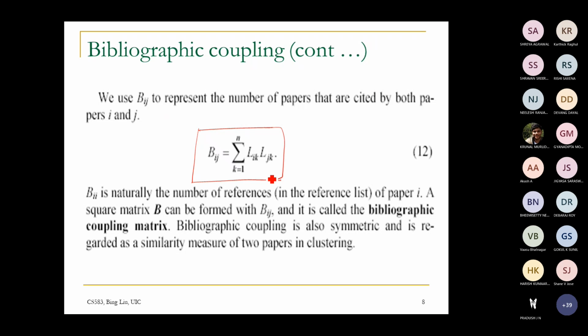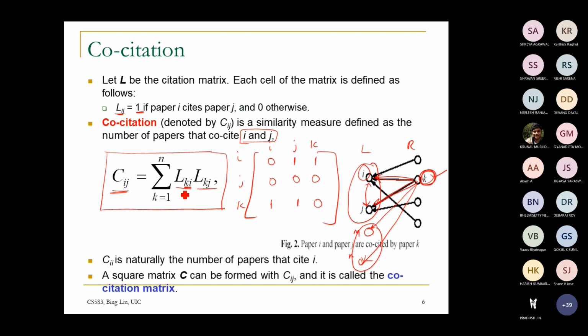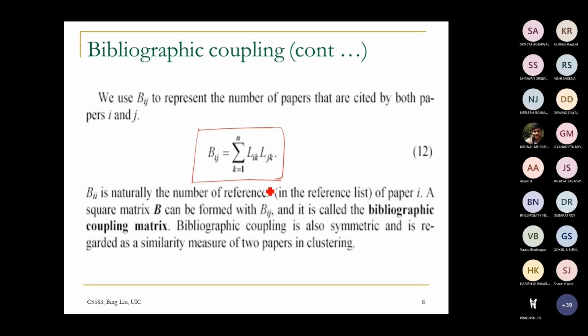But in co-citation, the formula was LKI, LKJ because there was a link from K to I and K to J. That is the way the citation is happening: this paper has been cited by I and J. When we look into bibliographic coupling, instead of K to I, this is going to be I to K, J to K. Other than that, all other representation of this coupling is going to be the same.